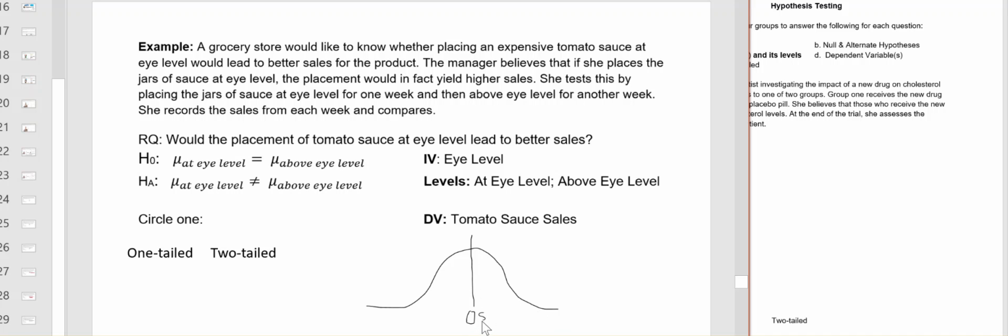And let's just put a money sign here, right? And what we are saying is that at eye level, there will be higher sales. So we're picking a direction. So in this case, we do have a one-tailed test because it's only looking at one tail, the right side of the distribution, or the right tail. So one-tailed test is the answer.